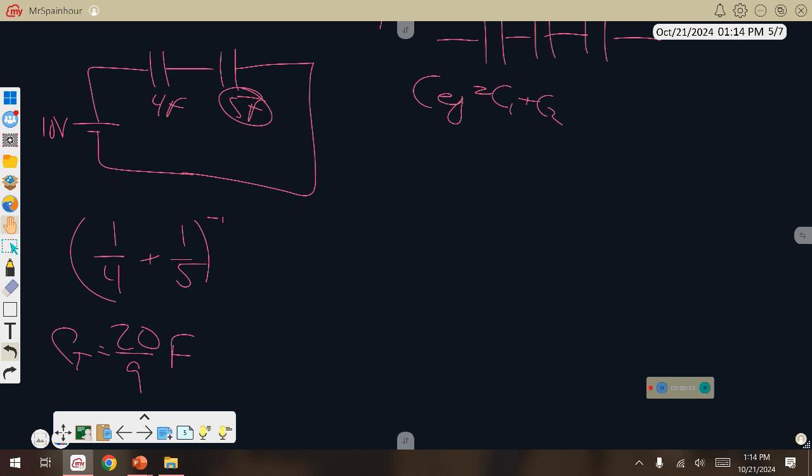Yeah, what is it? 10. So I can take this equation, since I know the total capacitance and the total voltage, and get the total charge being stored. I'm going to go back and change my original problem so that I can make our numbers nicer. I'm going to say it was a 9-volt battery.